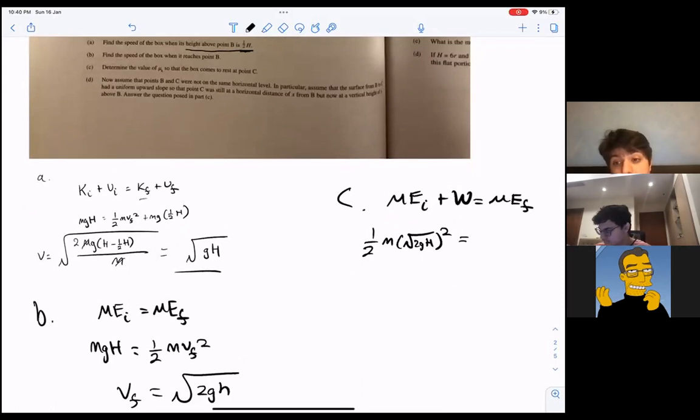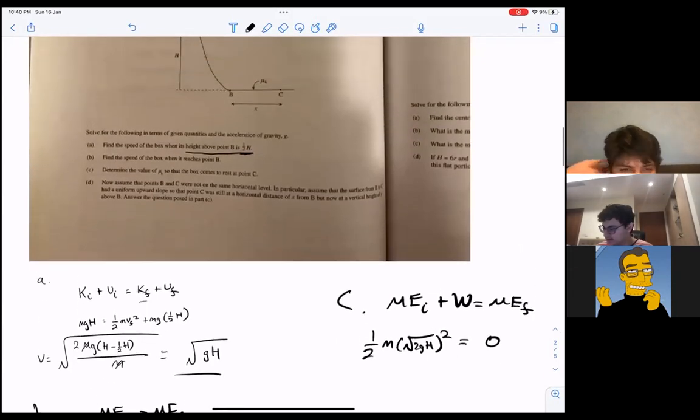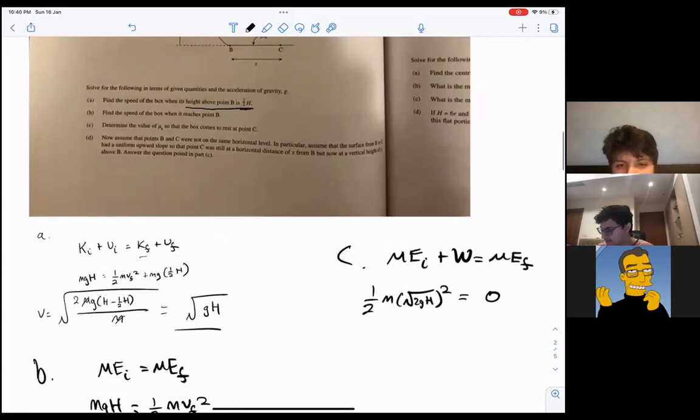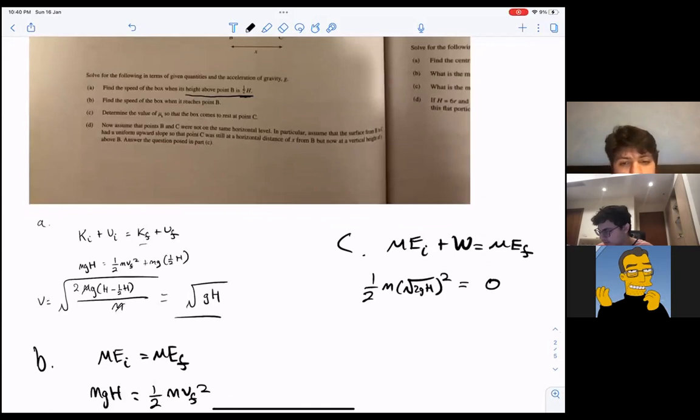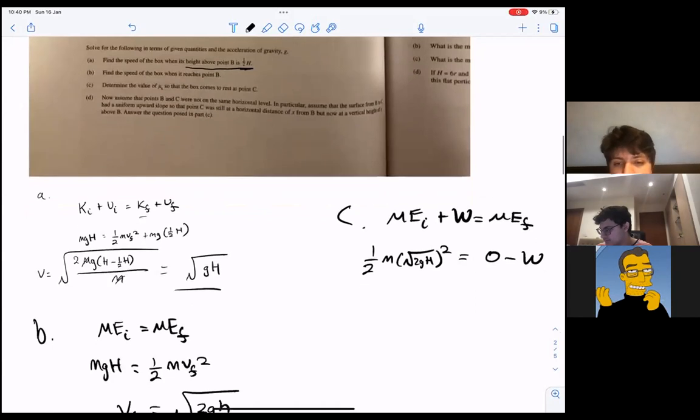We want it to be 0, therefore velocity would be 0, therefore minus frictional energy. Yeah, so at the end we want mechanical energy final to be 0, right? Because we know it stops and it's at the ground level, so that would be 0. And if we rearrange this equation, it would be minus work.